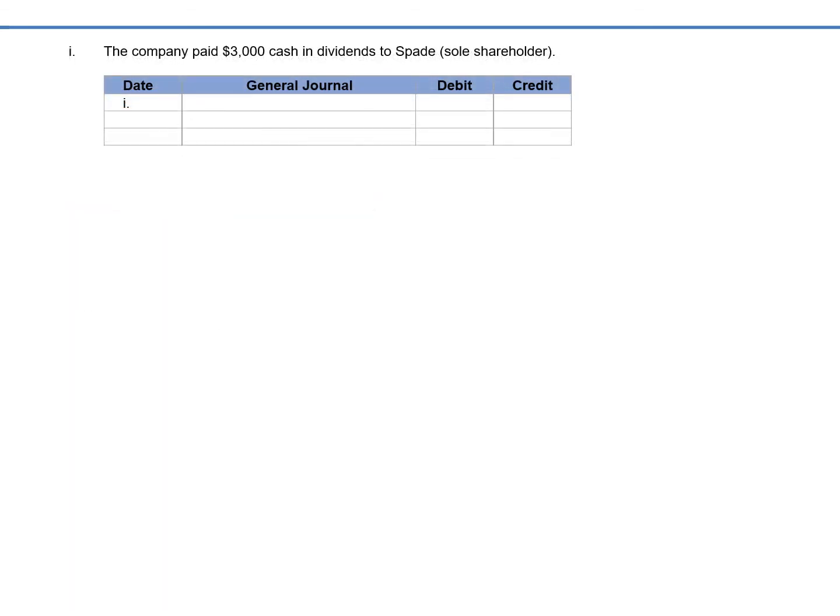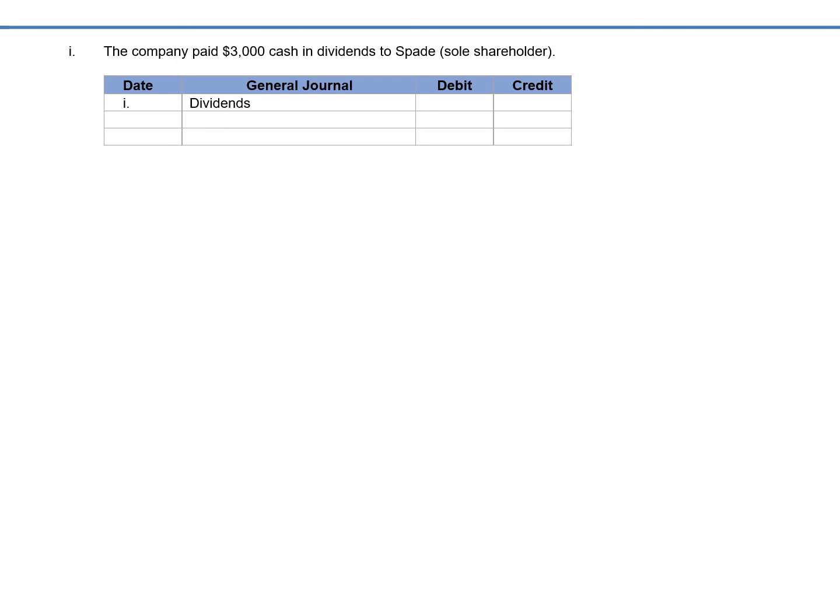So in transaction I, the company paid $3,000 cash in dividends to Spade, the sole shareholder. Our two accounts that are affected are dividends and cash, right? So in order to increase our dividends account, we have to debit, although it has an inverse relationship with equity, right?